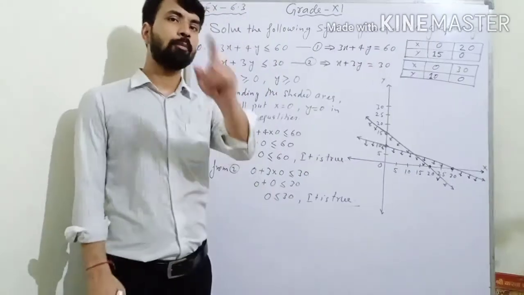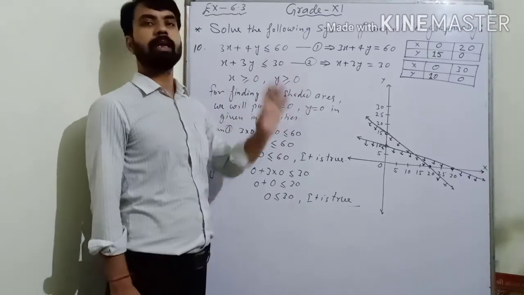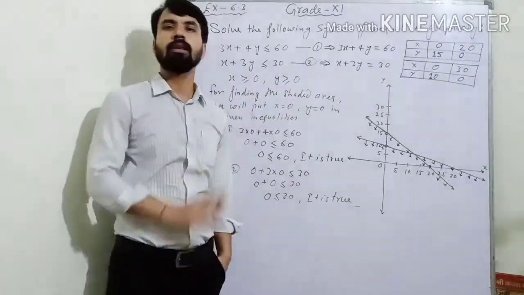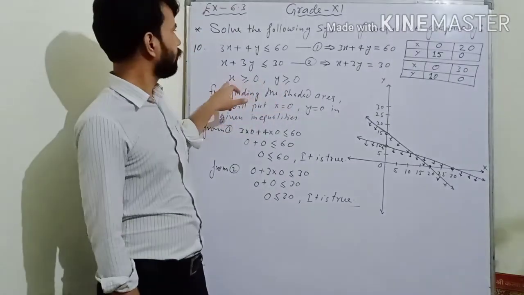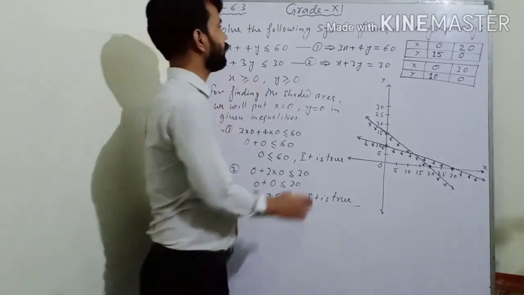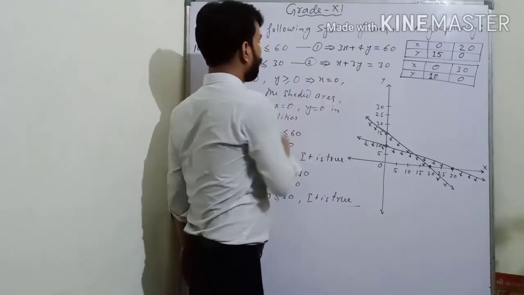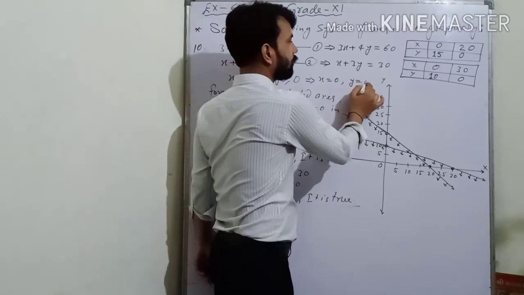Understood. Now the main point. x is greater than or equal to 0 and y is greater than or equal to 0. I have not plotted the graph for them. Reason? If I make them linear equations, x is greater than or equal to 0 becomes x equal to 0, and y is greater than or equal to 0 becomes y equal to 0.